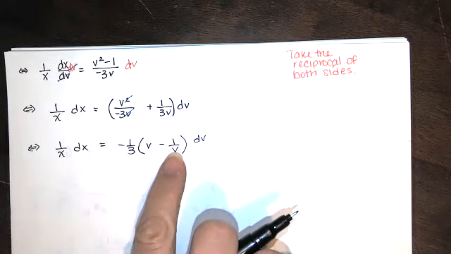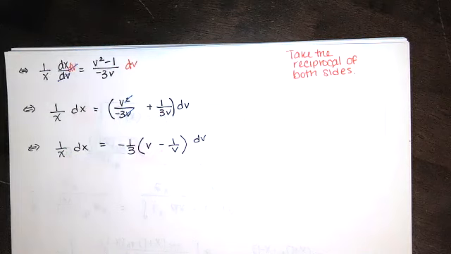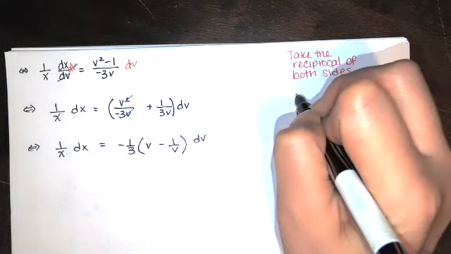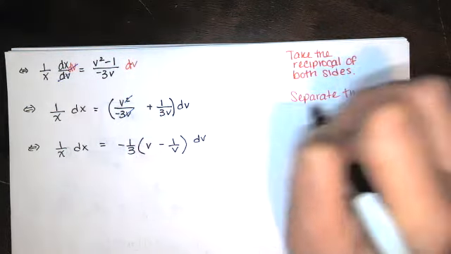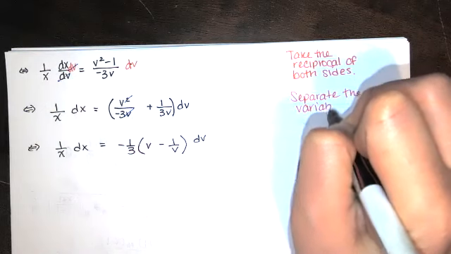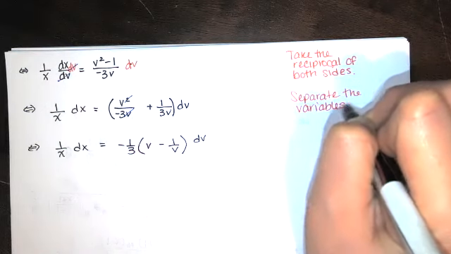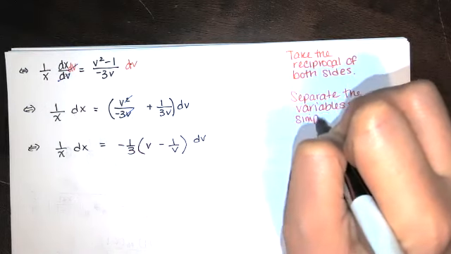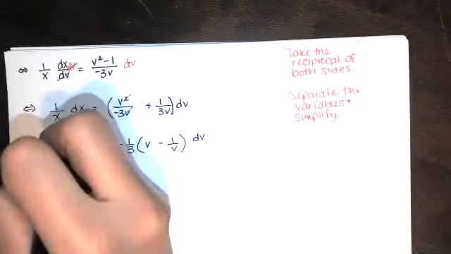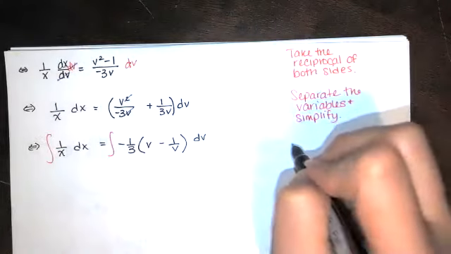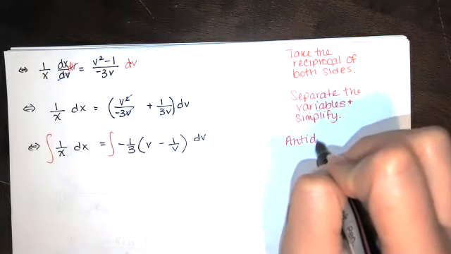Well, I've got rules for all of these pieces, and of course I have a rule for that piece. So the variables have been separated, and we've simplified. And now we want to anti-differentiate each side with respect to the variable that's on that side.